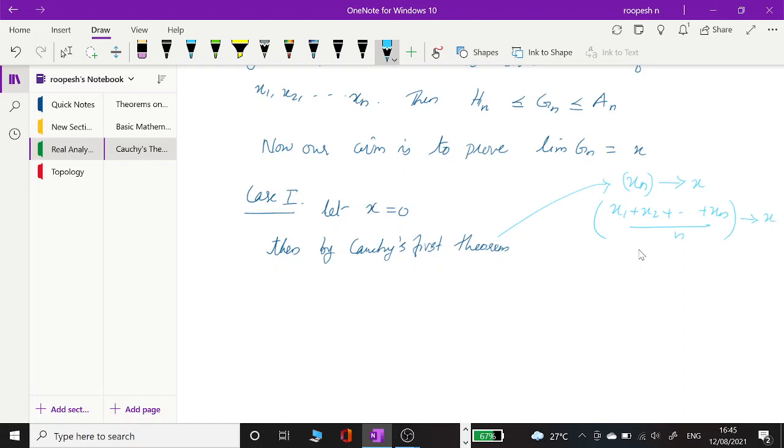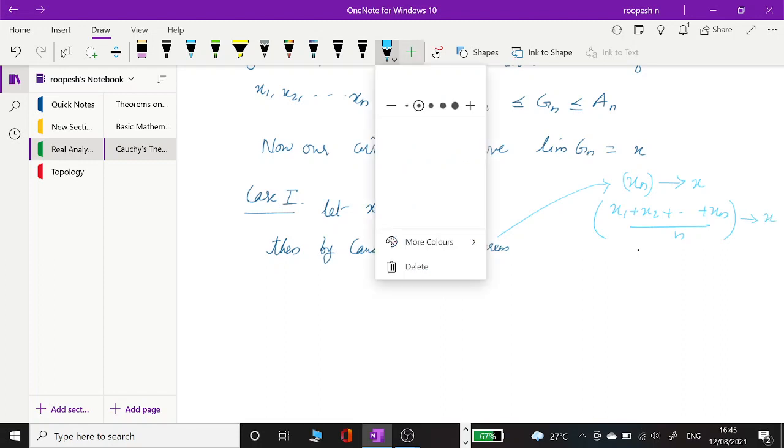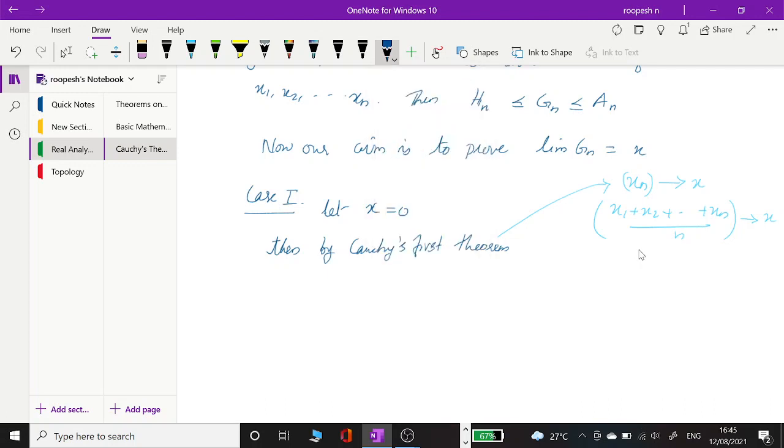Then by Cauchy's theorem on limits, we have limit of An equal to 0.